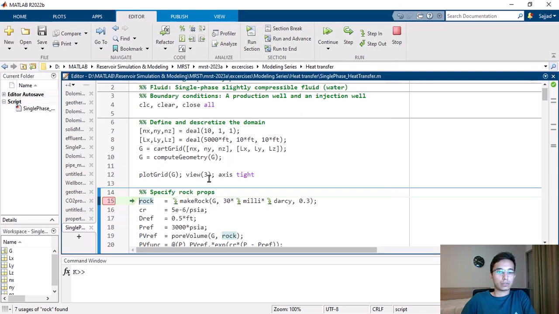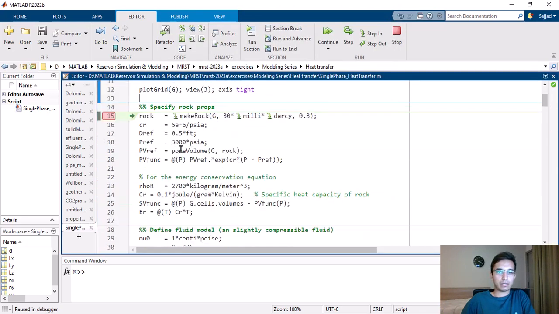All right. So now it's time to specify the properties of the rock that we have.